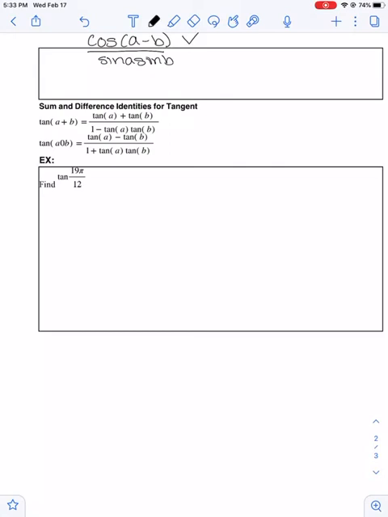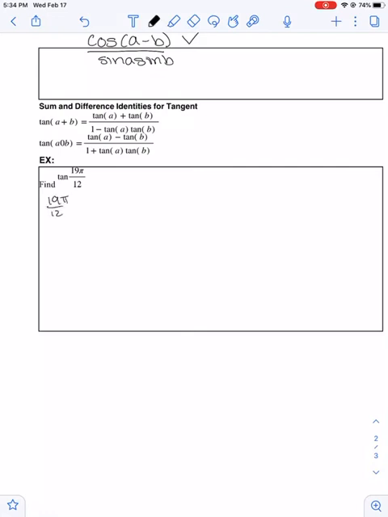Okay, last problem. We're going to use the sum and difference of the tangent formula. This one looks a little different, but we're still using the same steps, the same process, just a different formula for tangent. So here we have the tangent of 19 pi over 12. I'm thinking, what gives me 19?